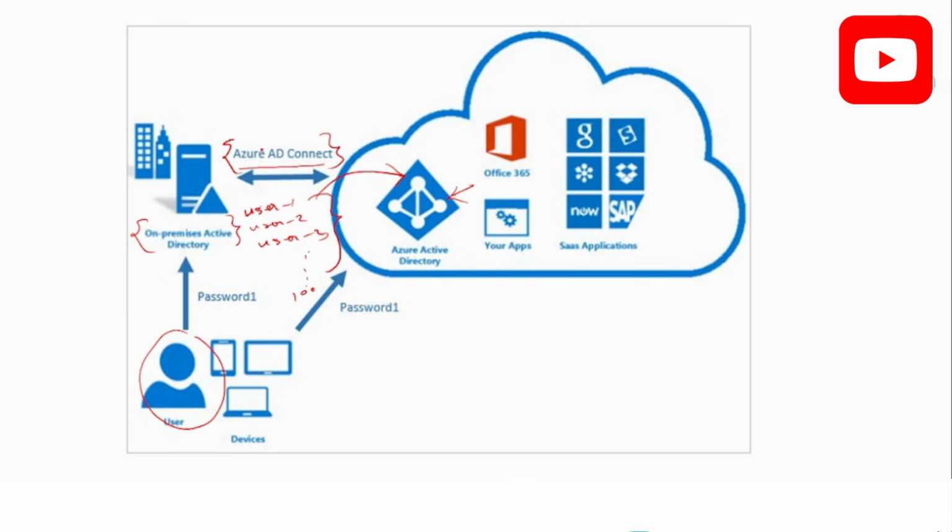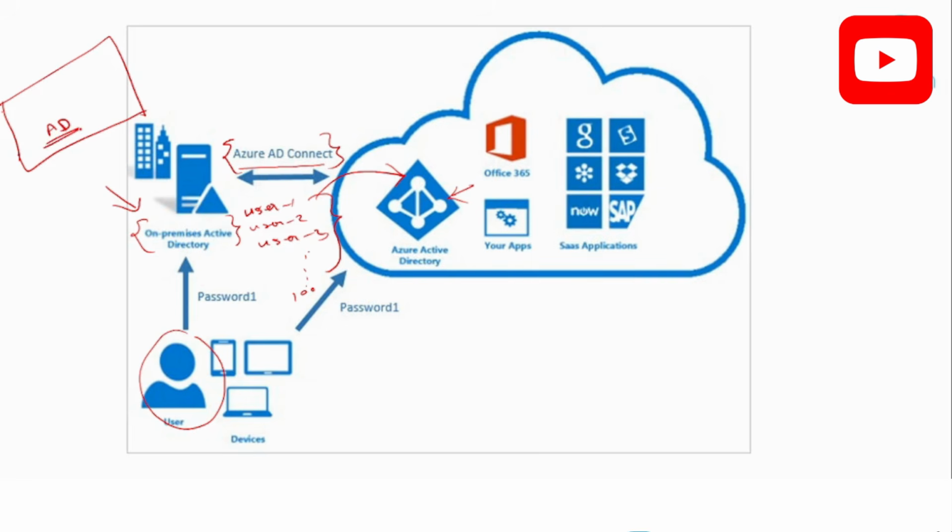Azure AD connector. So first, we need to open the on-prem Active Directory. The on-prem Active Directory is already deployed and configured on the server, this Windows Server. Under this server, on-prem Active Directory is available, right?